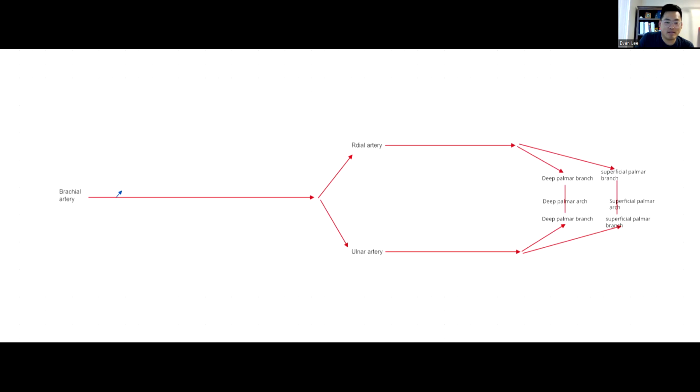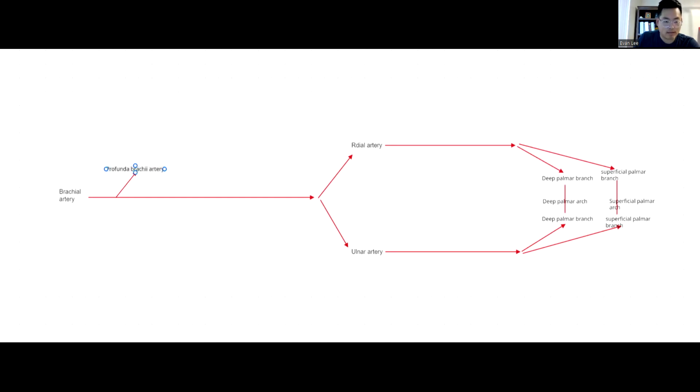So if this is going deeper into the arm, what would this be? This is called the profunda brachii artery.